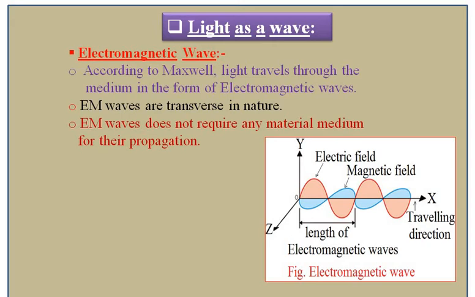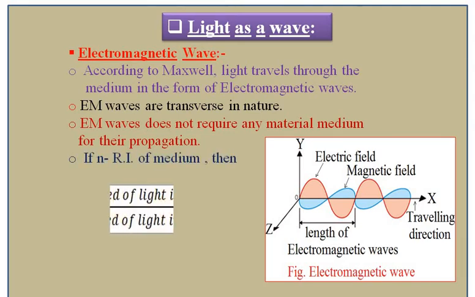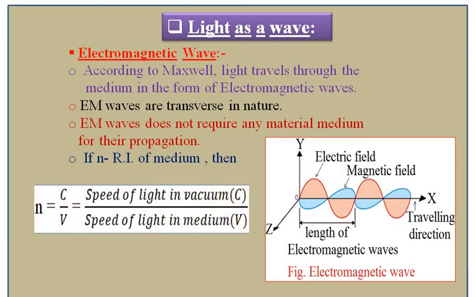That is, electromagnetic waves do not require any material medium for their propagation. If n is the refractive index of the medium, then the refractive index is given by the relation c by v, that is, the speed of light in a vacuum denoted by letter c divided by the speed of light in the medium denoted by letter v.